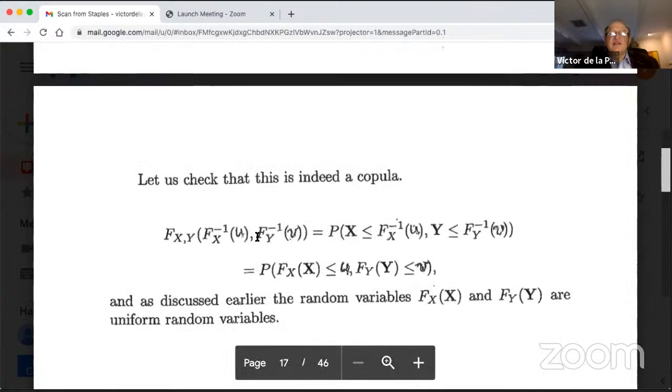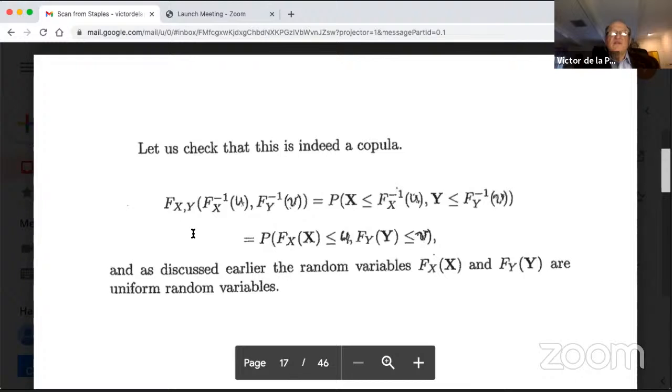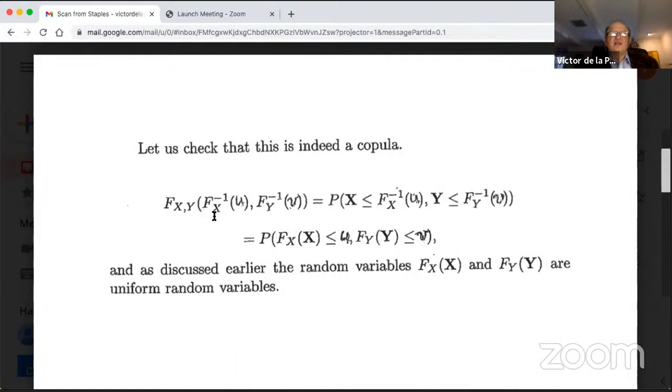Okay, so let's check that that is indeed a copula. We have F sub x,y of Fx inverse of U, Fy inverse of V. This is the probability that x is less than or equal to Fx inverse of U and y is less than or equal to Fy inverse of V. Then I can take the inverses to the other side and I get the probability that Fx of x is less than U and Fy of y is less than V. But we showed that if I take a distribution function and evaluate it at its associated variable, that's uniform.